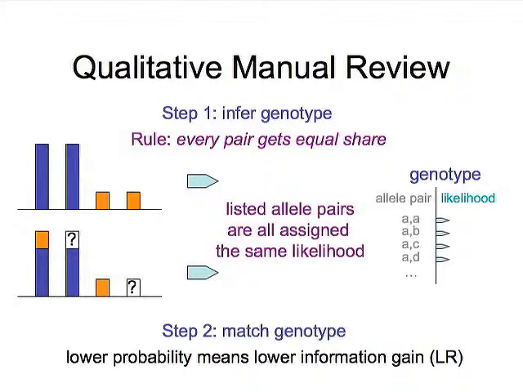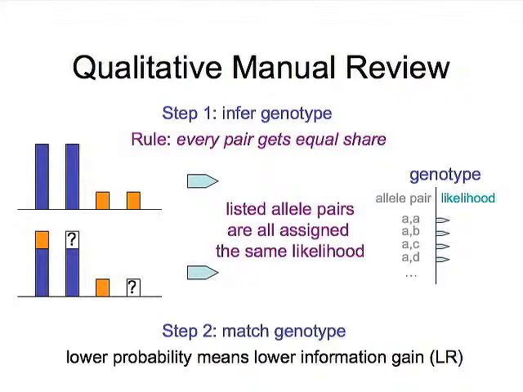And so in this situation, when they make an inference, they would try out all possibilities. If you see 4 peaks in your data and you take all possible pairings, there are 10 of them, you just try them all out, and with this method you say they're equally likely. The rule is every allele pair has an equal share. And therefore, everything has an equal likelihood, and you're not getting any information gain.